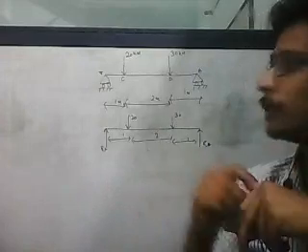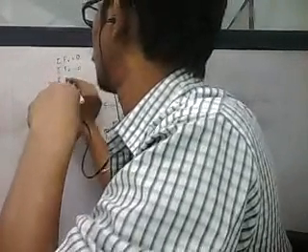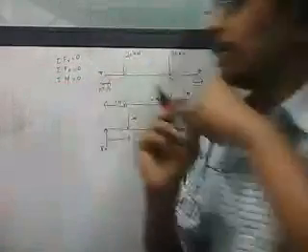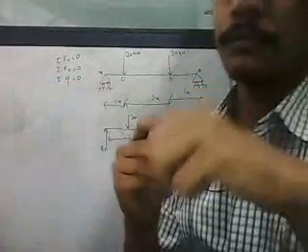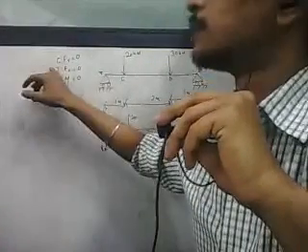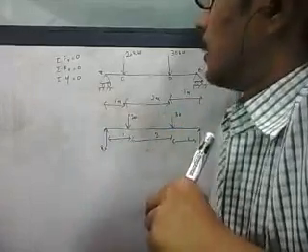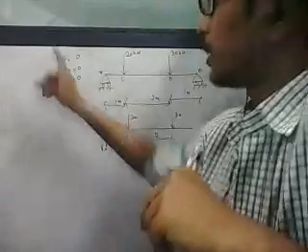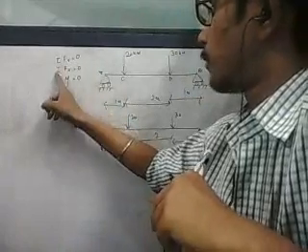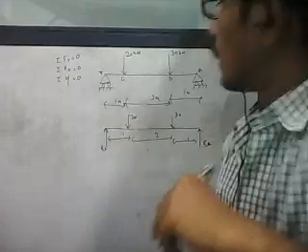Okay, this is equilibrium. So the conditions are: summation of vertical forces equal to 0, summation of horizontal forces equal to 0, and summation of moment at a particular point equal to 0. Clear? These are the three conditions of equilibrium.